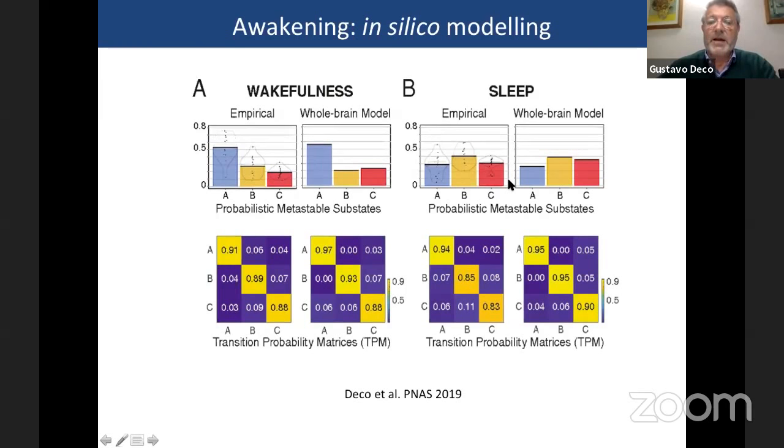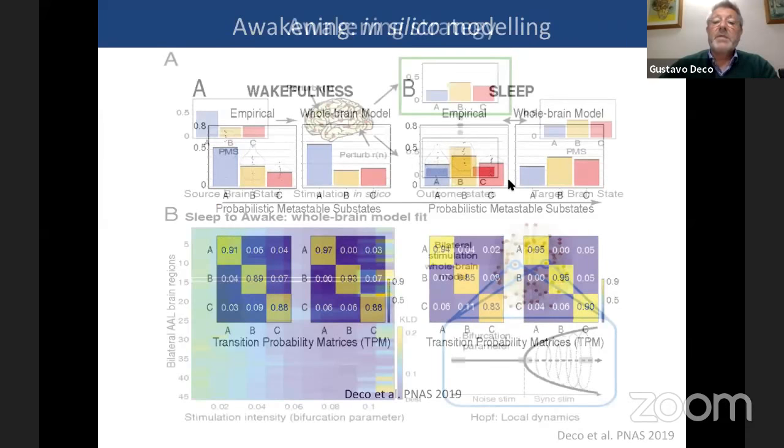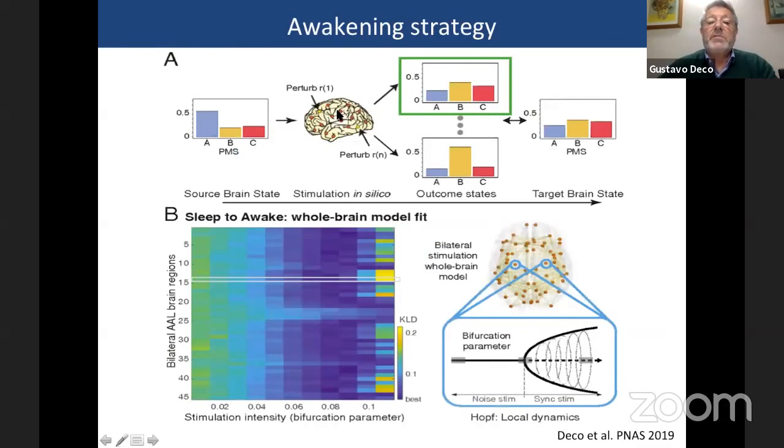So now that we have the models and the goal, the idea is to take a model in silico, for example, of one of the source states. Let's assume that we start from the sleep state, and then we want to awaken, meaning we want to find a stimulation such that we perform a transition to a given target state. Let's say that the target state is wakefulness.